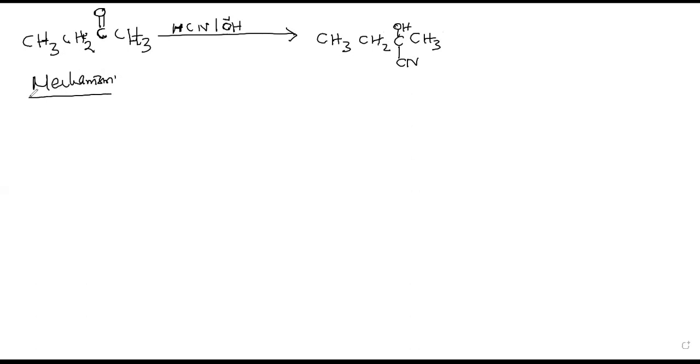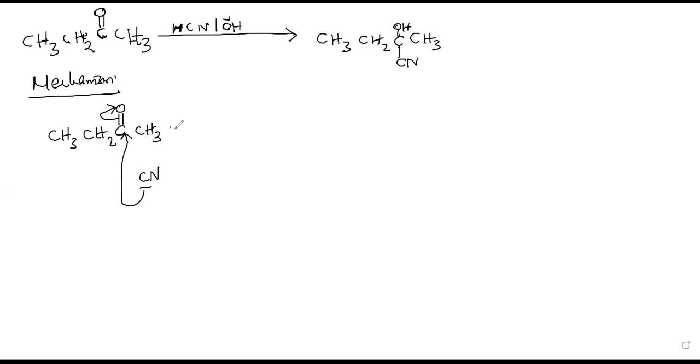So the mechanism of the reaction, I will have CH3, CH2, C double bond O, then CH3. Of course, having a cyanide, as this one goes, that's what you need to know.